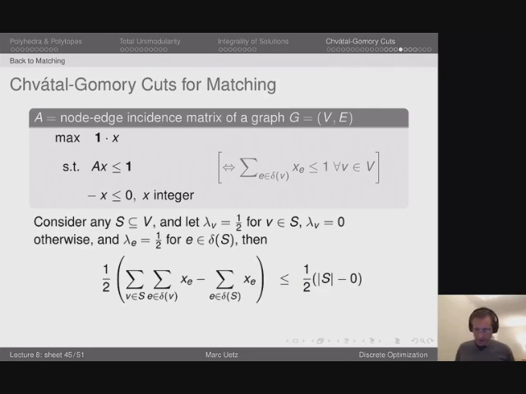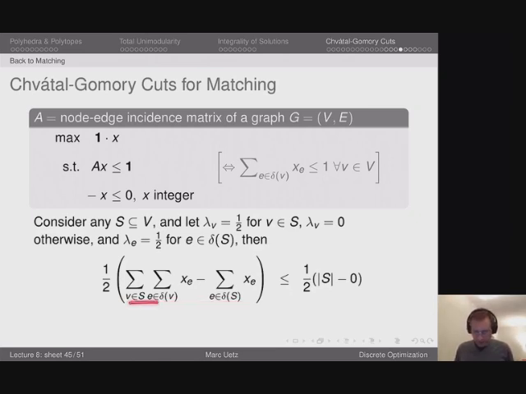Well, the right-hand sides of these degree constraints are 1, and the right-hand sides of the non-negativity constraints are 0. So on the right-hand side, we get the cardinality of the set S and this factor 1/2 that we have chosen. All right. So far nothing really interesting happened, but let us look at what this sum actually is.